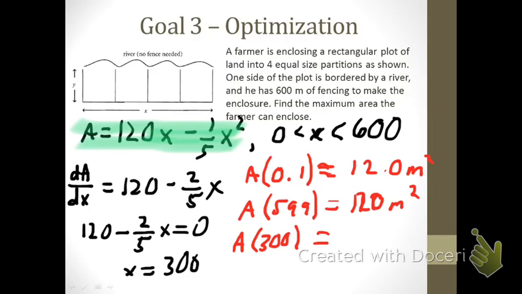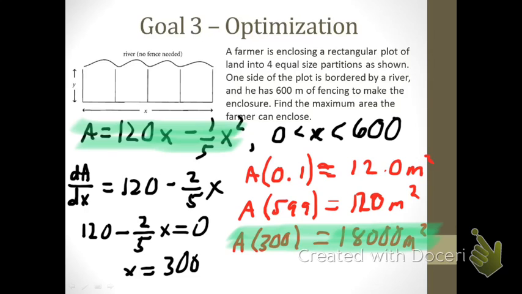If we plug in 300, our critical value, then you end up with the area being about 18,000 square meters. Now, knowing that maximum values have to occur at either the endpoints or at critical values, we know that we have figured out all the places where the maximum can occur, and it turned out that the maximum area occurred when x was equal to 300, or when the length of this fencing was 300 meters.